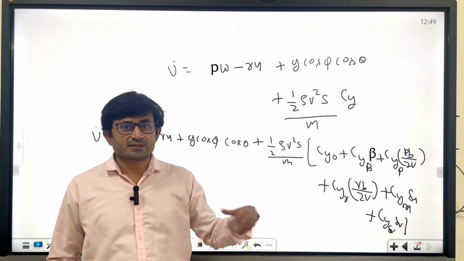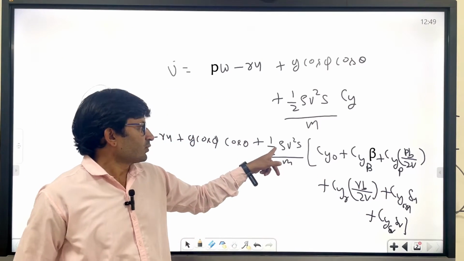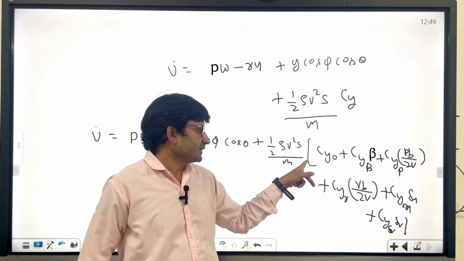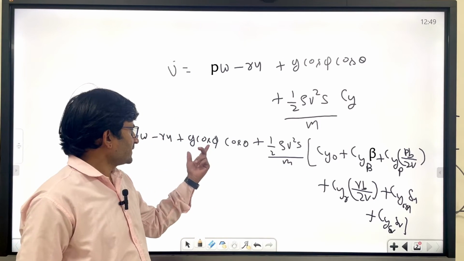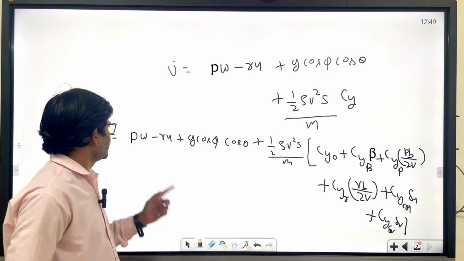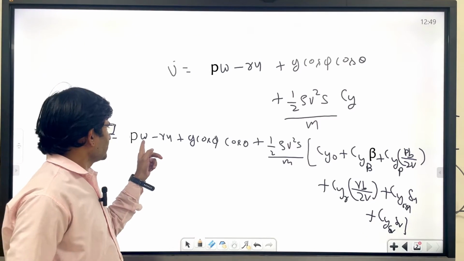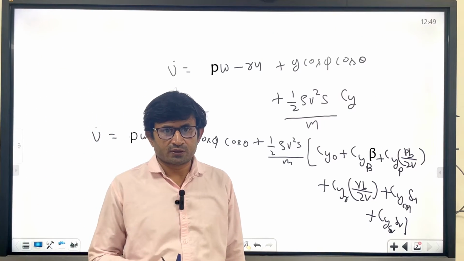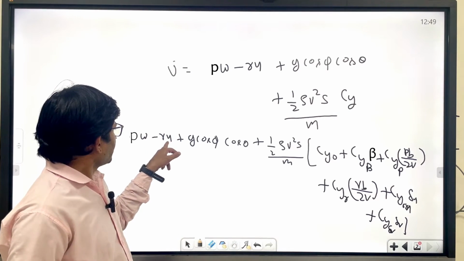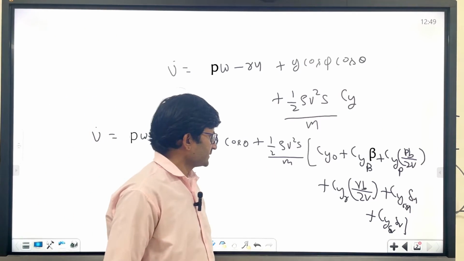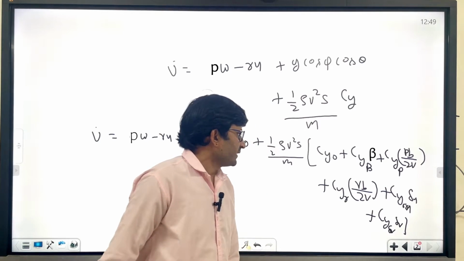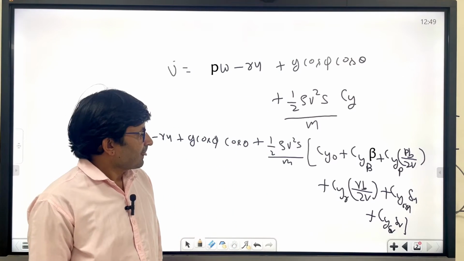Cy is the side force, rho is the density, V is the velocity, S is the wing area, m is the aircraft mass, phi is the roll angle, theta is the pitch angle, w is the body axis velocity along the z direction, and r is the yaw rate. We already discussed these in the aircraft dynamics lecture.